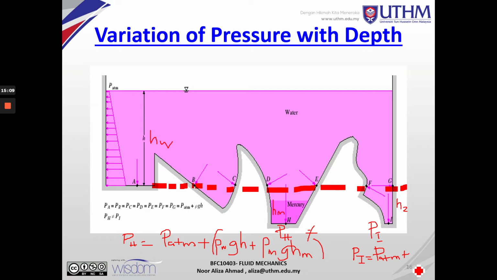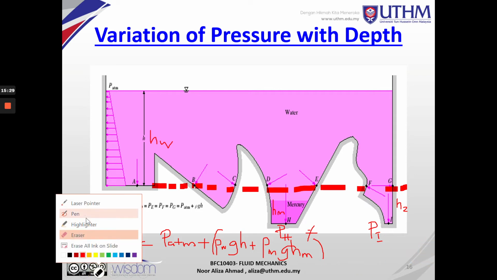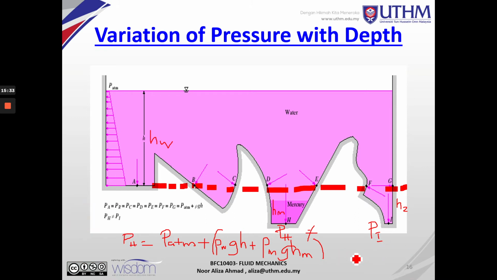So PI is equal to P atm plus rho water g times hW plus h2.